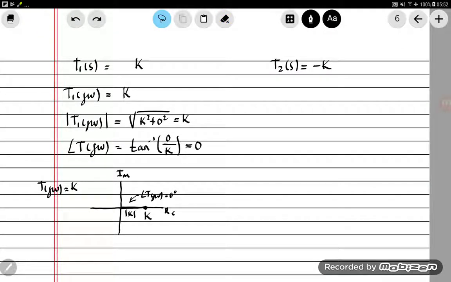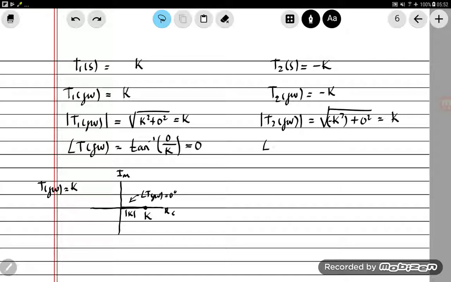Before we start drawing this, let's quickly consider the transfer function where we have a negative gain. Again, we do the first step. We set S equal to j omega, and that's just equal to negative K again. If we take the magnitude, that's again the real part squared plus the imaginary part squared, and that turns out to be K again.